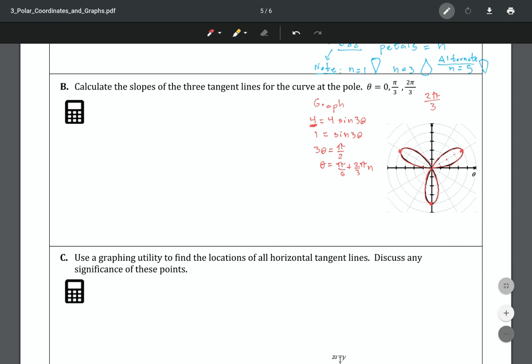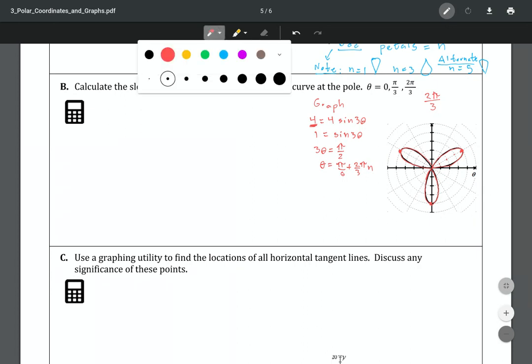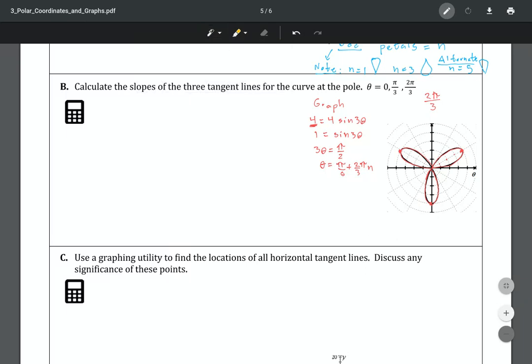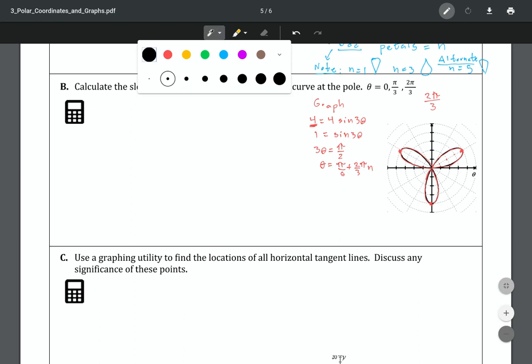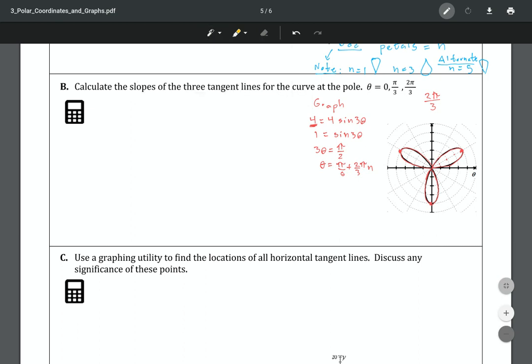Now we're going to try to figure out the polars, since it wants to know the slopes at the pole. Remember, the pole is at the origin. So I'm going to do this other thing over here. This is not related to graphing, but to find the polar zeros, I'm going to set this equation equal to 0.